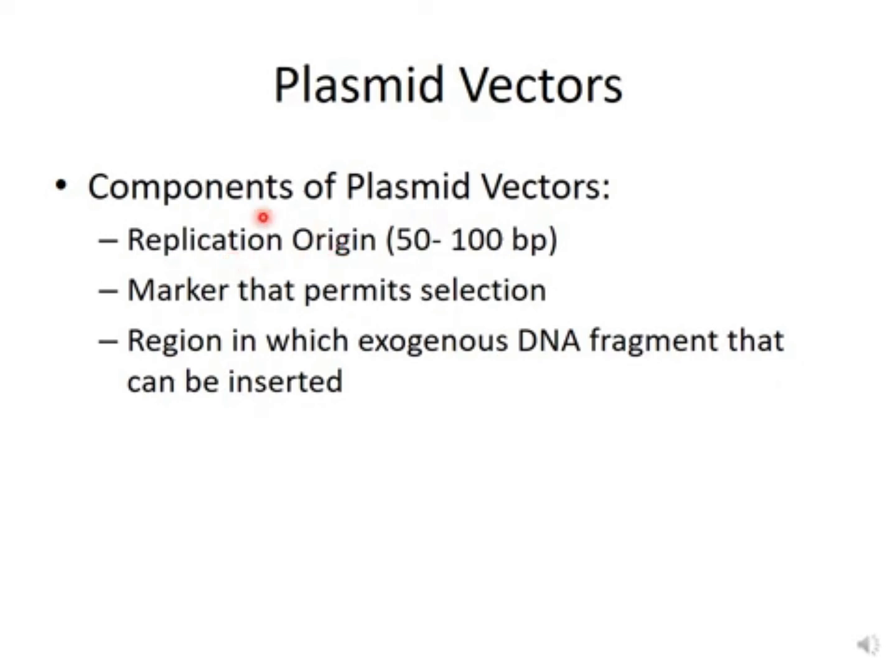That starts at the replication origin, and it's usually 50 to 100 base pairs. In addition to a replication origin for the plasmid vector to replicate itself, we need a marker that permits selection, and I'll describe that in a bit. Afterwards, we need a region where we can insert the exogenous DNA fragment that we are interested in replicating.